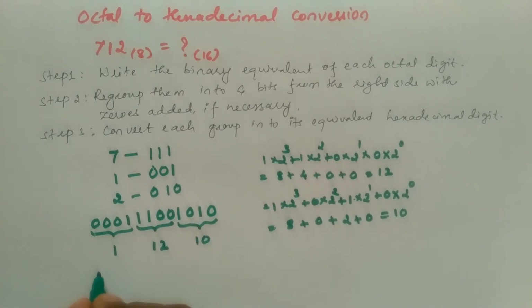Now therefore 712 to the base 8 is equal to... I cannot write 12 and 10 as they are.